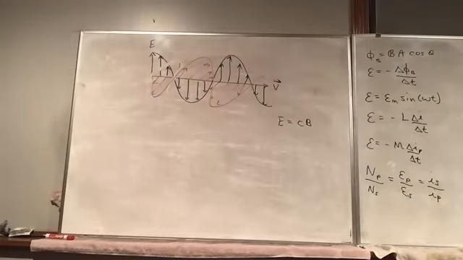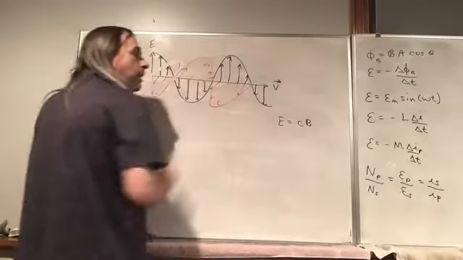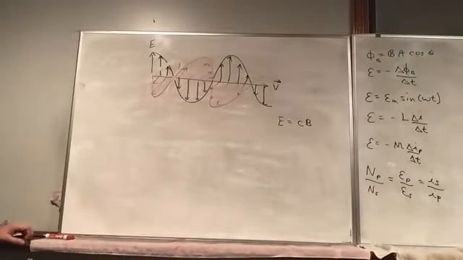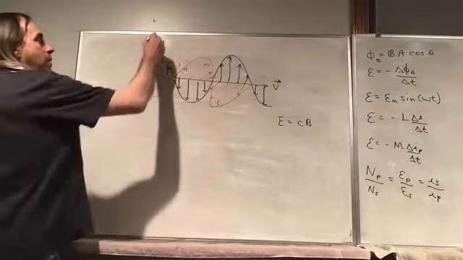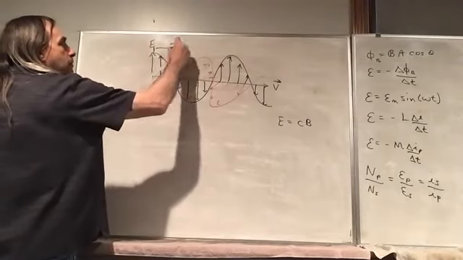Okay, so the electric and magnetic fields are perpendicular to each other. The magnitudes are related by the speed of light. And this is like a picture of the wave. You go from, say, one peak to the next.